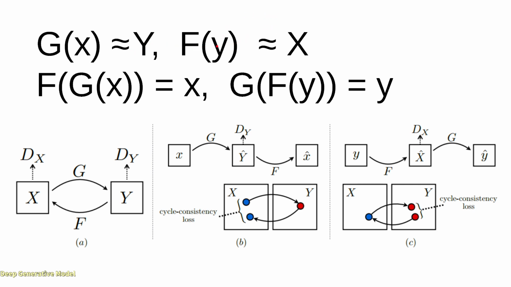And if we put a zebra into this F generator, we wish it to output an image that looks like a horse.